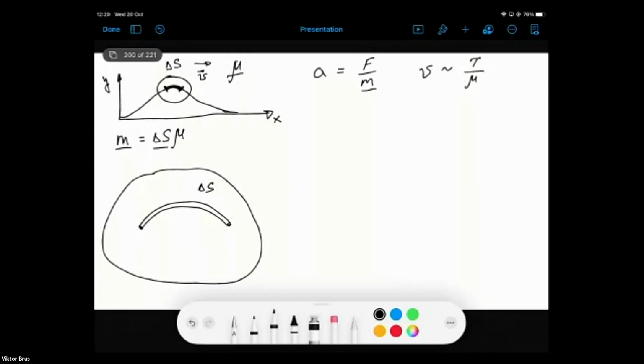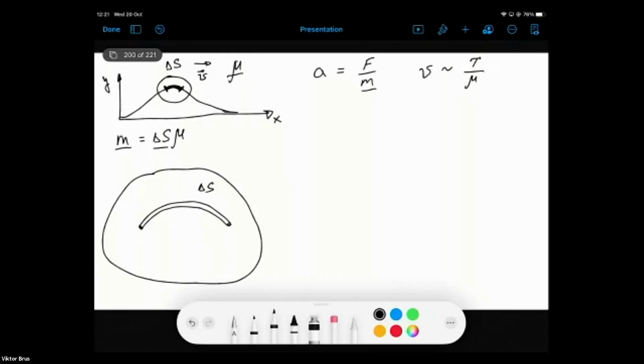Our element will move from right to left with the speed which is equal to v, the speed of spreading of the mechanical disturbance or this pulse.